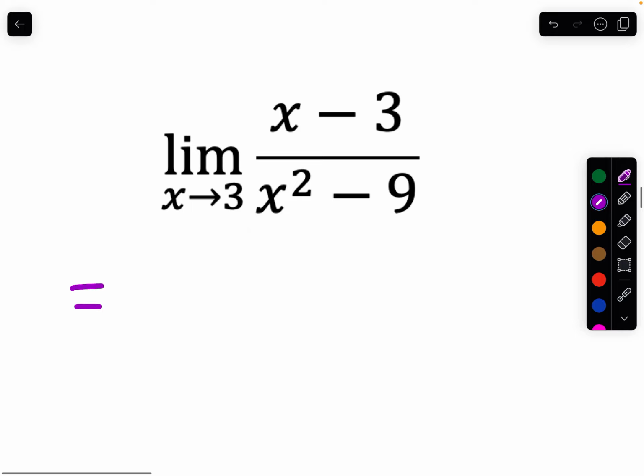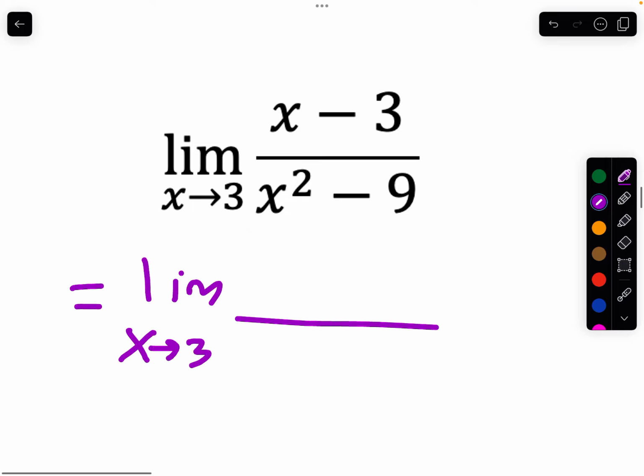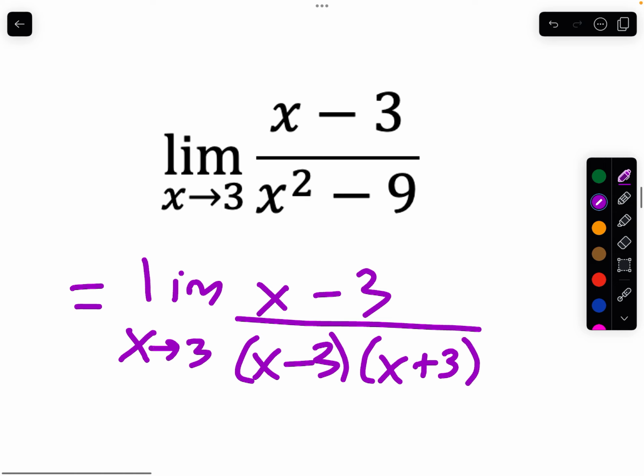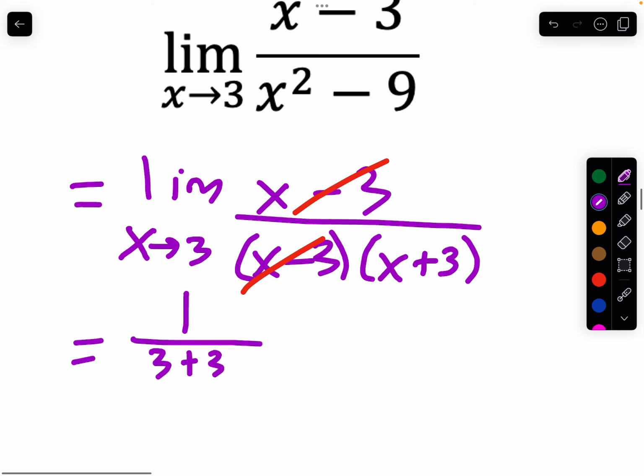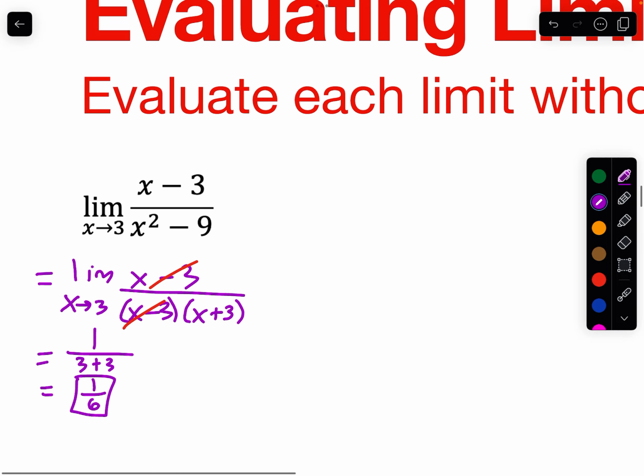Right now, I want to show you some of that more basic algebraic manipulation. And in this case, factoring is that algebraic manipulation, where we factor that difference of squares, which allows us to then cancel out these x minus 3's, and now we can make a direct substitution. We can plug 3 in for x, and we can get the value of this limit.